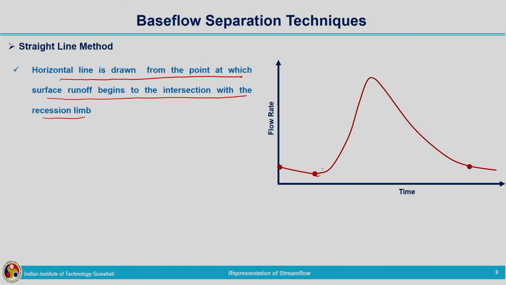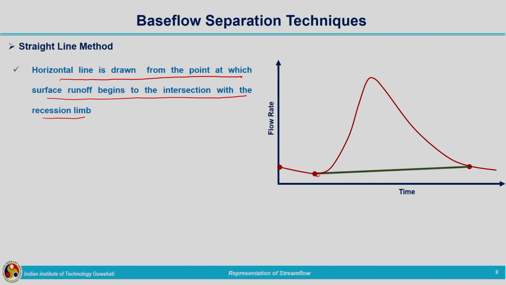Initially, we will be having base flow contribution only, and base flow recession will be starting, and at the beginning of storm also there will not be any contribution from rainfall. As all the storages get satisfied, the contribution from rainfall towards the stream flow starts and the rising limb starts. So, that particular point is represented over here, beginning of the rising limb.